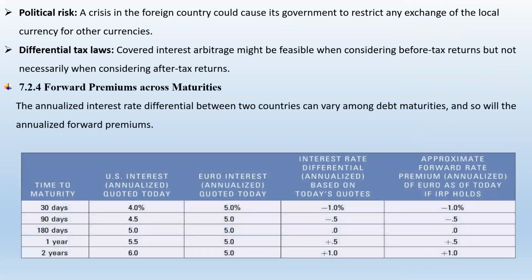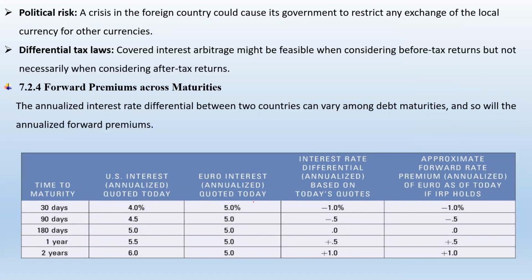Finally, the forward premium or discount is probably linked with time to maturity. Different times to maturity have different interest differentials, which will lead to different premiums or discounts. So for example, here, the annualized 30-day US interest rate is 4%, but the annualized 30-day Euro interest rate is 5%.